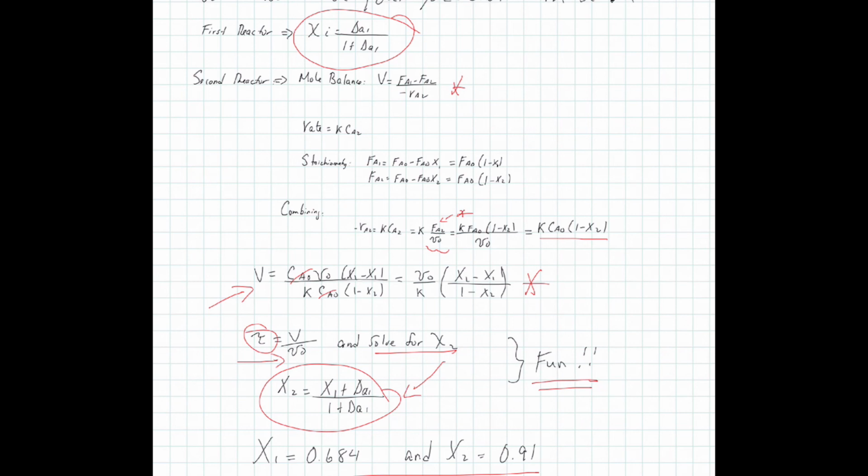You can see that when you have two CSTRs in series, the overall conversion is substantially greater than the one for a parallel reactor or a single reactor, which was 0.81 or 0.1 and 0.1 respectively.